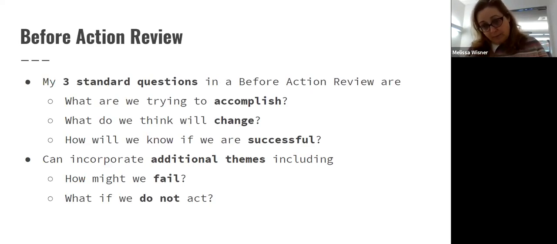But this question also gives people, if they're comfortable enough, depending on the dynamics of the group, the size of the group, and their experience with you as a project leader, you have the chance to hear from stakeholders about what they might be concerned about, what they might be anxious about, or even what they might be afraid is going to happen.